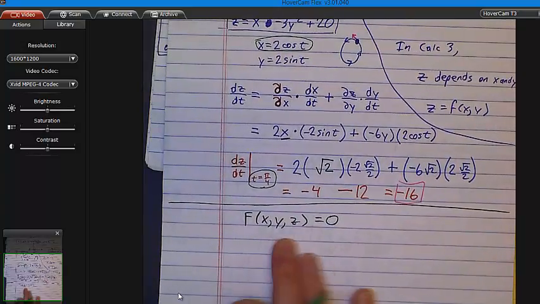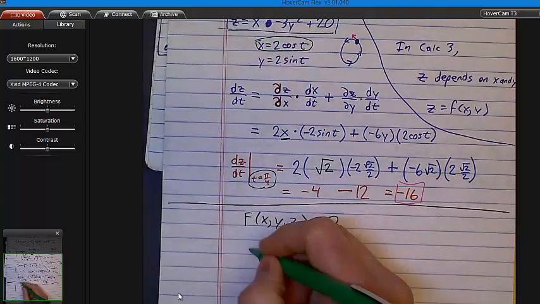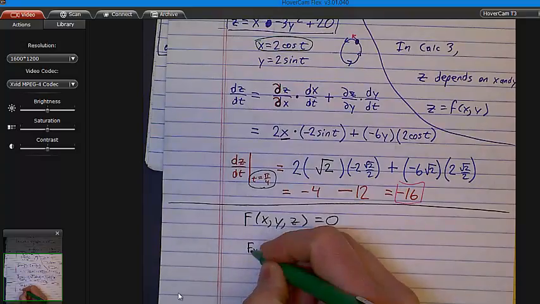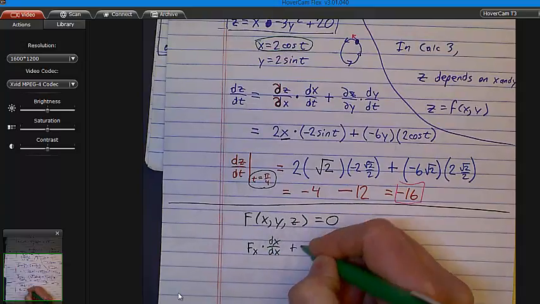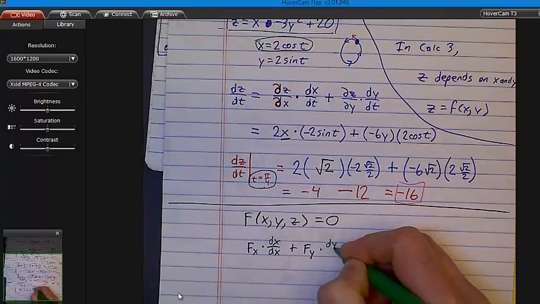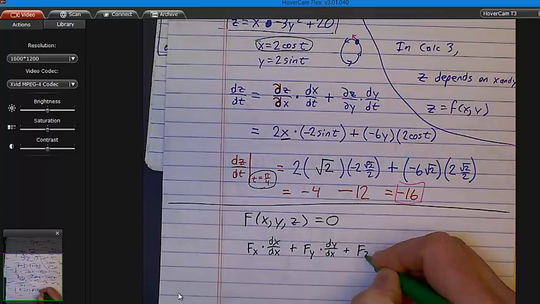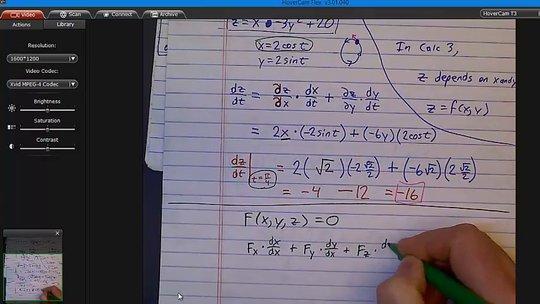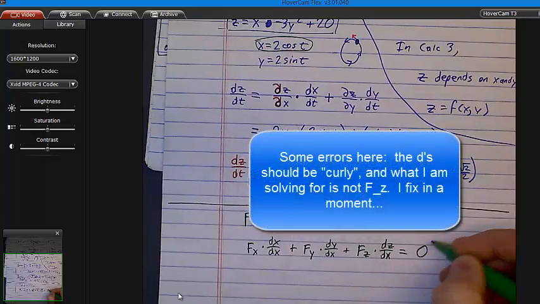Now we're here. So chain rule says what? It says this: fx times dx dx plus fy times dy dx plus fz times dz dx equals 0, right?